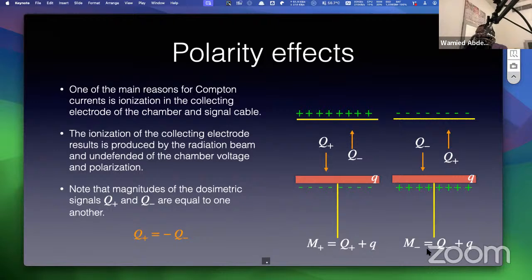So in one case, we're going to find M plus is going to be larger than M minus. Why? Because this has a negative sign.